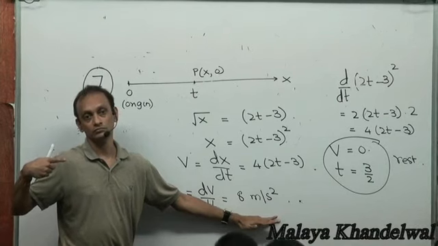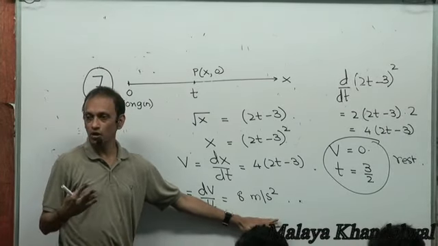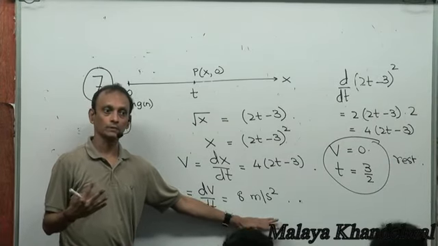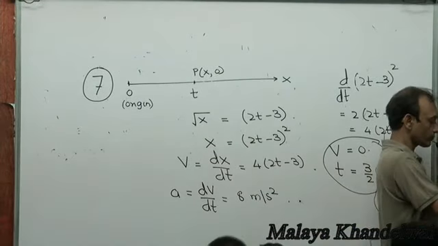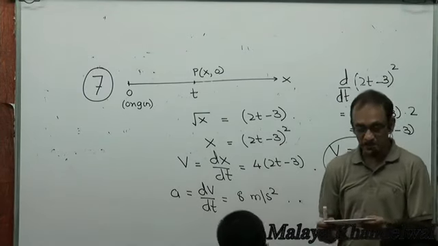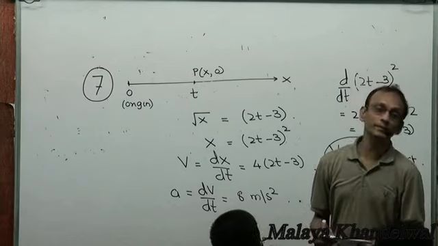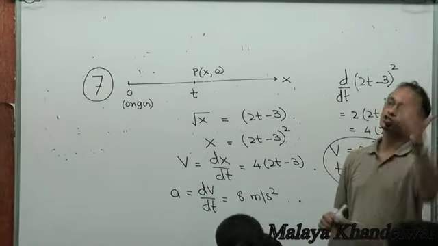Yes or no? It's a case of constant acceleration. Got me? So options. Option A, it's at rest at t equal to 3 by 2. Option B is accelerated. So A and B are correct options in this case. Shall we proceed?